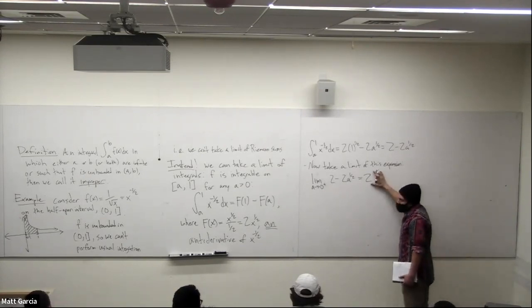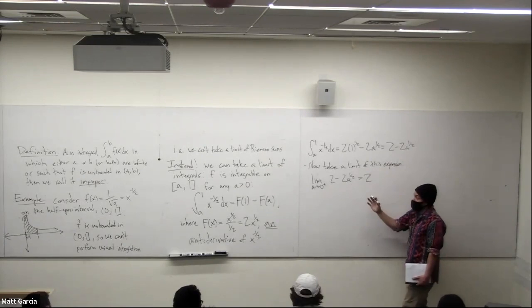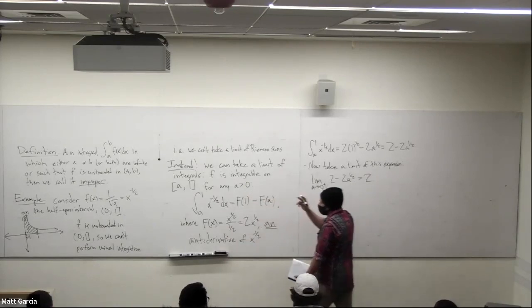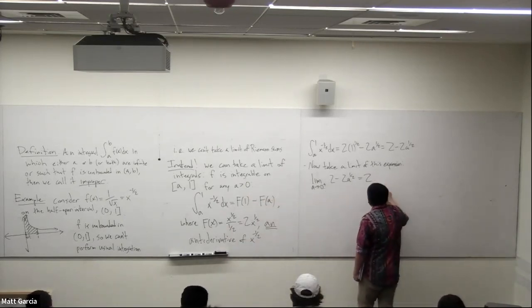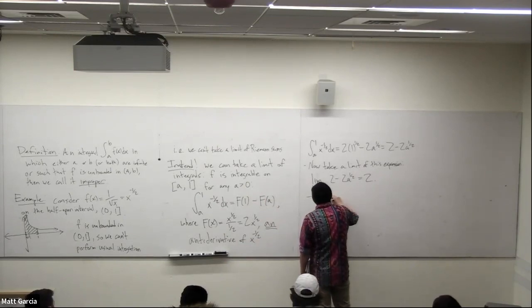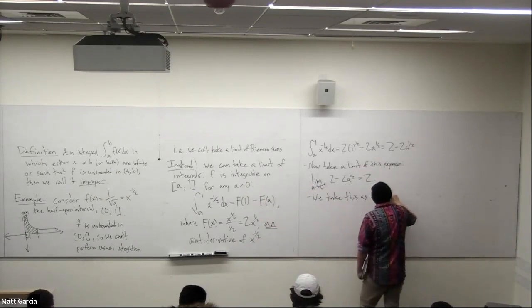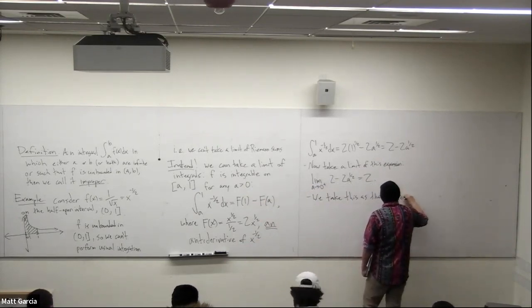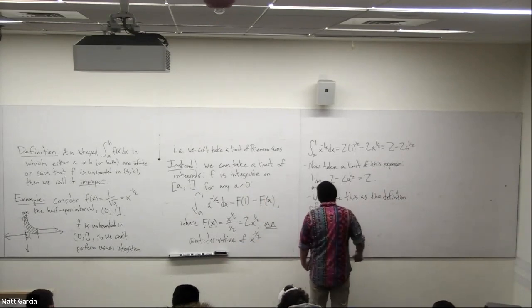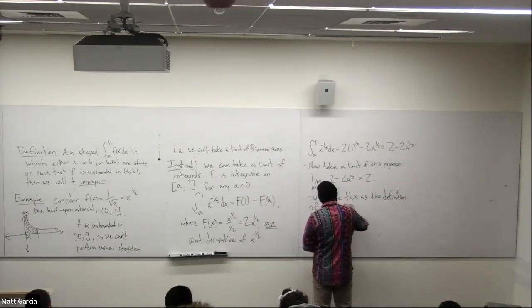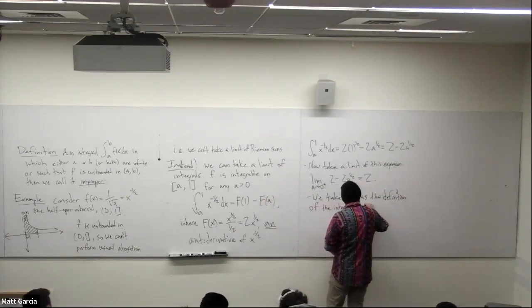this is now what we take as the definition of the value of the integral that we're interested in. So we take this as the definition of the integral in question.